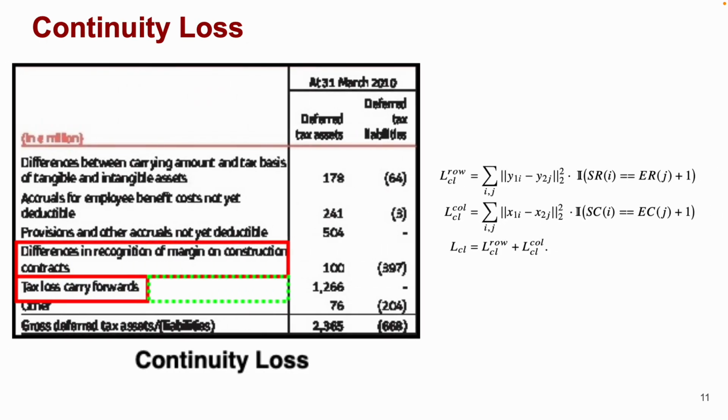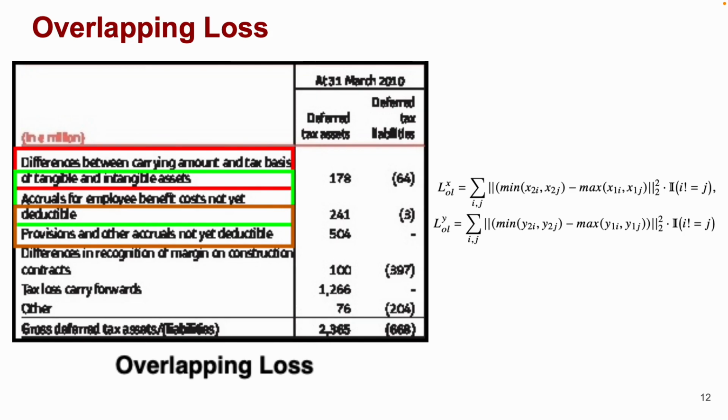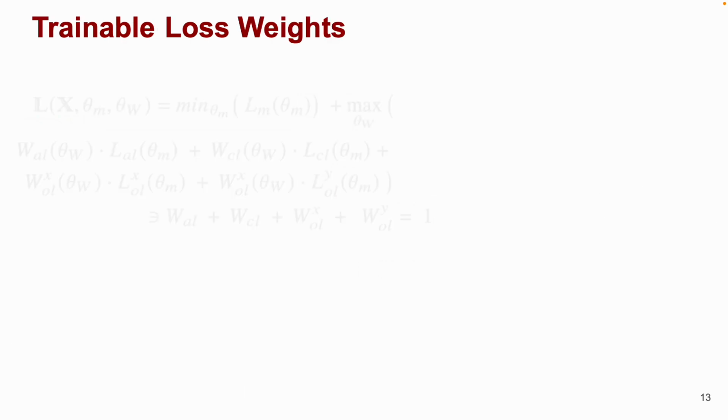We model continuity loss as a regularizer with the intuition that horizontally and vertically adjacent objects should end and start at the same x coordinate and y coordinate respectively. Further, we introduce overlapping loss as a regularizer to minimize overlapping regions between every pair of predicted table objects.